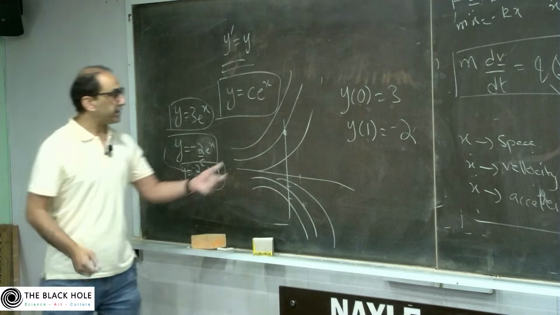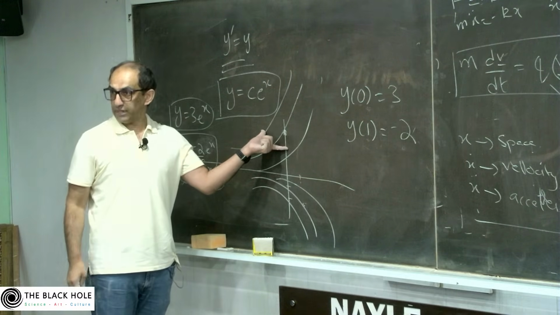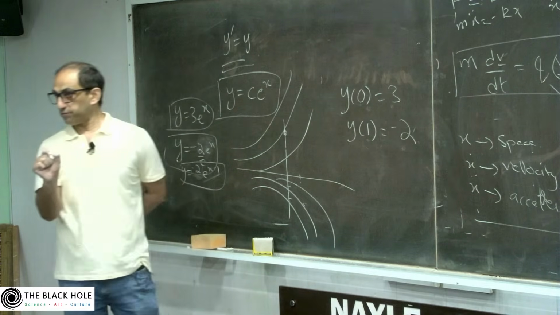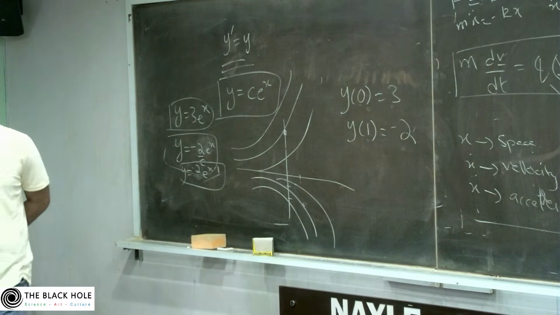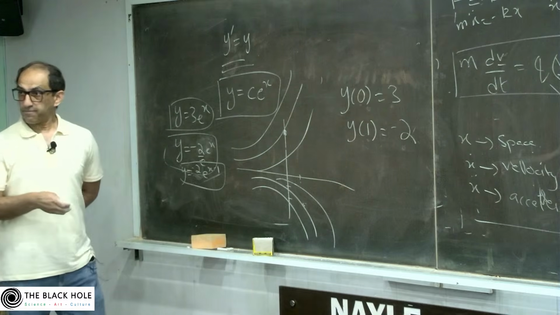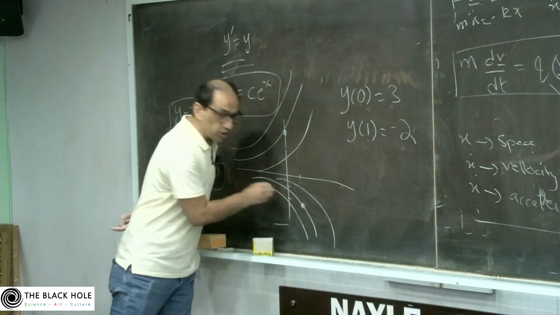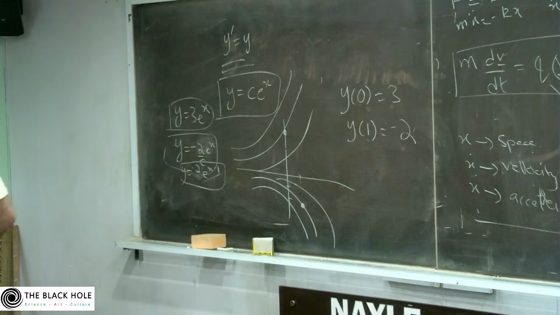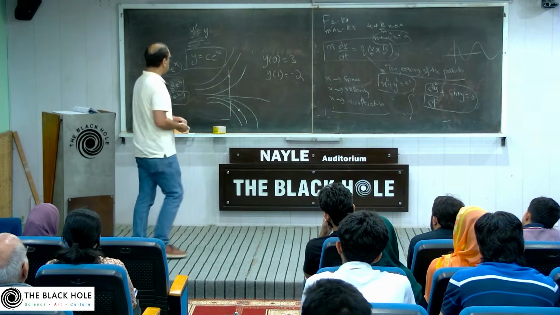One thing that it has done is that out of all these curves, it has selected one curve because of the directive. The other thing is, because of different initial conditions, you move in different directions.